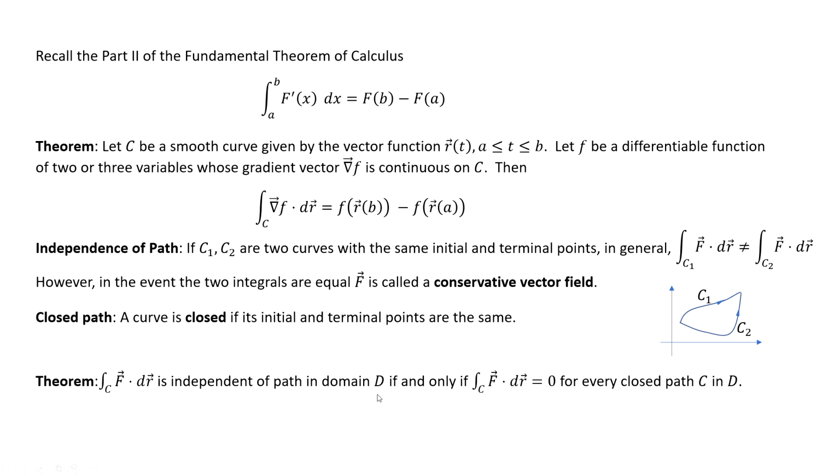So, in light of that, what we need to read this as is, if the integral is independent of path in the domain, then the integral is equal to 0 for every closed path C in D. Also, if the integral is 0 for every closed path C in D, then the integral is independent of the path in the domain. Okay? What else? What exactly is this trying to say? Now let's focus in a little bit more.